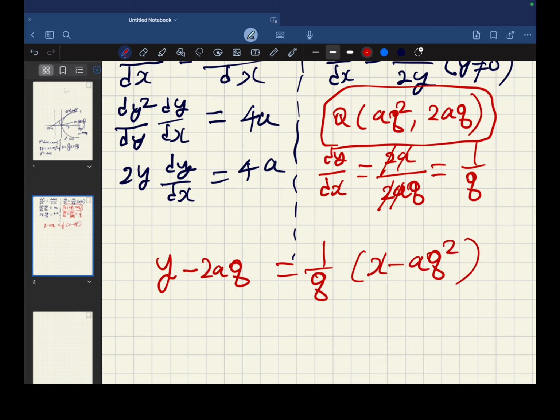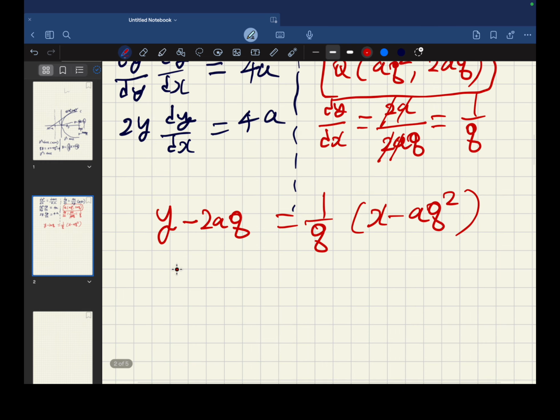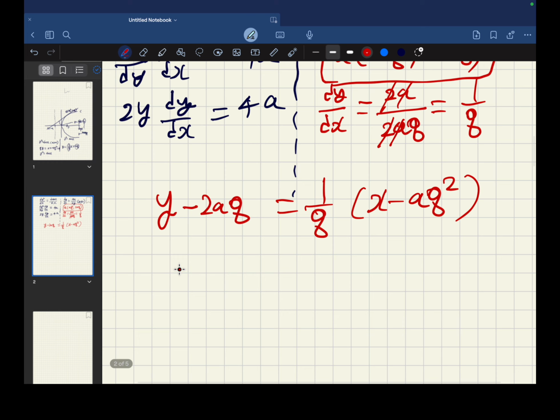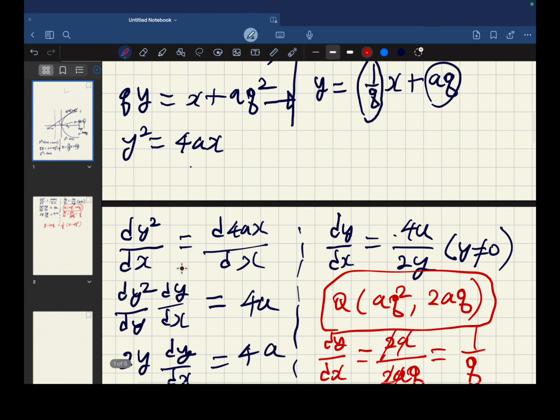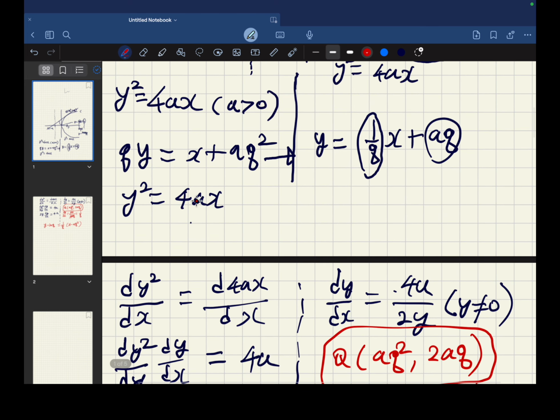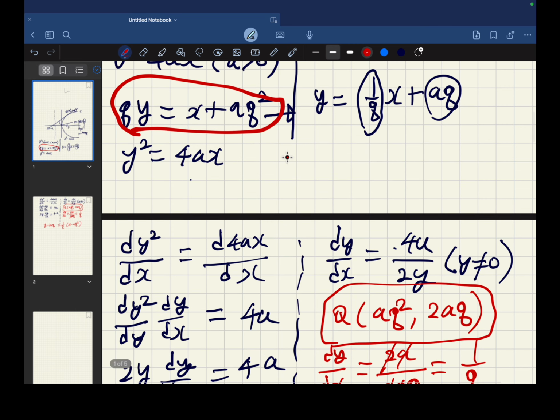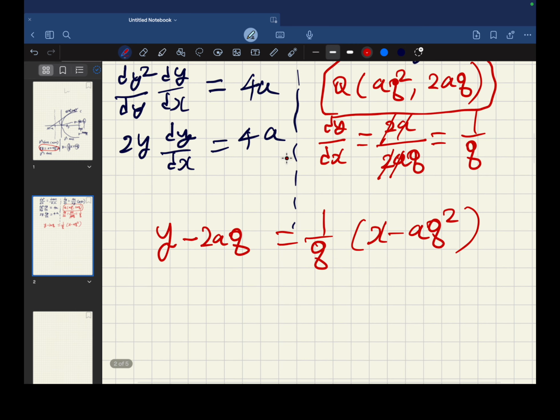So we can multiply both sides by q here. To do what? To confirm that this equation here is qy equals x plus aq squared.